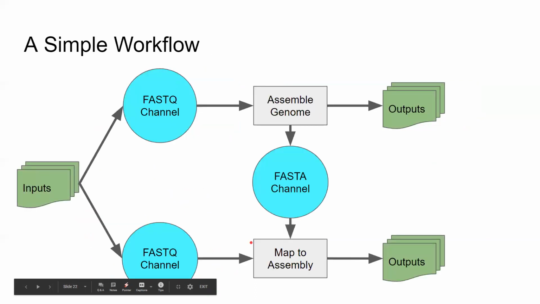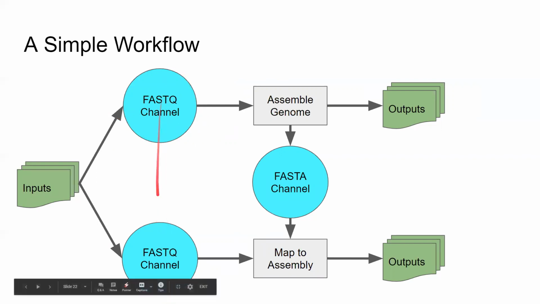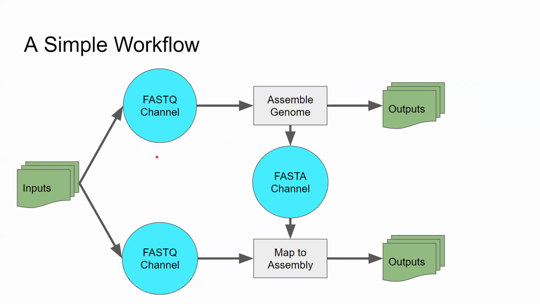So let's say you have a simple workflow where you want to assemble a genome, and then remap those reads to the assembly just to see how good the assembly was. Naive me creates a workflow like this, where I have two FASTQ channels. These are copies of each other, the same exact thing. But since I can only use a channel once in Nextflow, I have to create the channel multiple times from the same inputs.